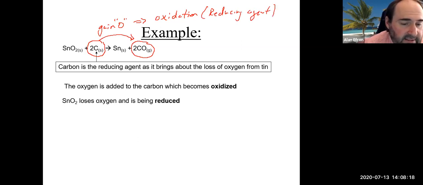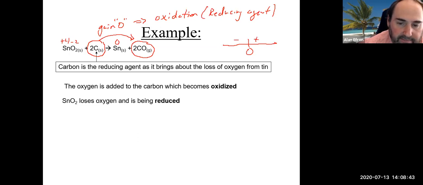Now, the good thing on this one is there actually is a metal involved. There's a metal over here, and that's tin. If we look over here, oxygen is -2. The tin here is +4 on the left-hand side. Over here, tin by itself is 0. So again, if you weren't sure what's happening with the tin, you could use that number line to help you.